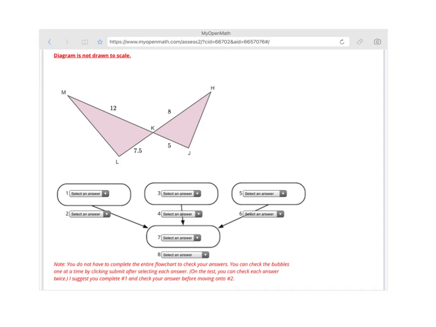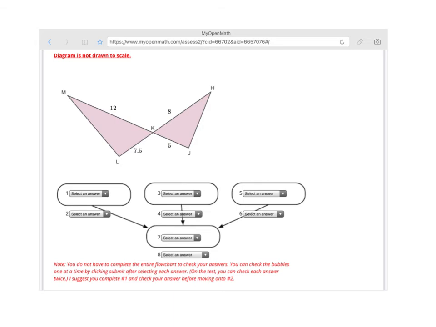Now, I know that these two sides are corresponding because they're both the longest side in that triangle. So whenever you have two triangles, if you're given lengths of sides, the longest side always corresponds to the longest side. In the next one, this side corresponds to this one because those are the two shorter sides that are given. I also know that this angle here corresponds to this angle here because those are vertical angles.